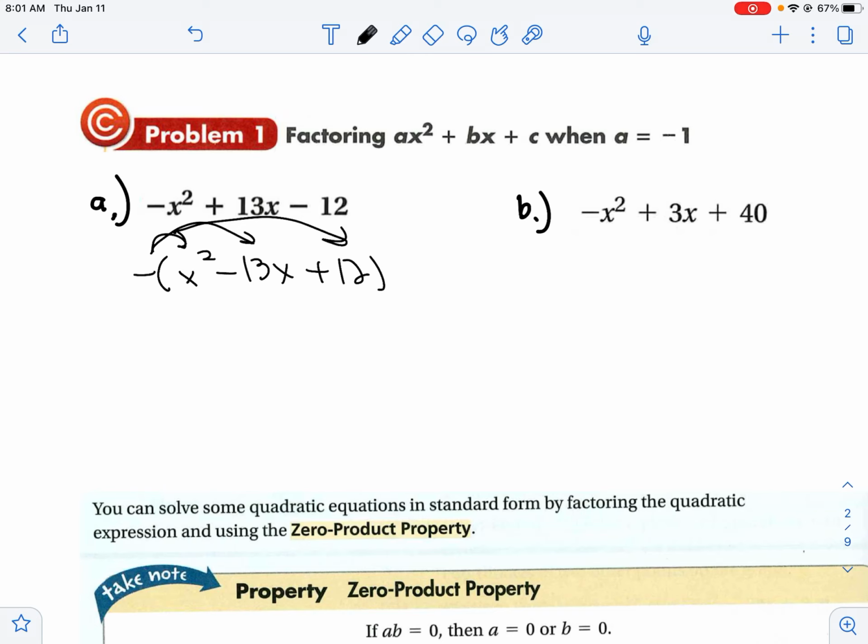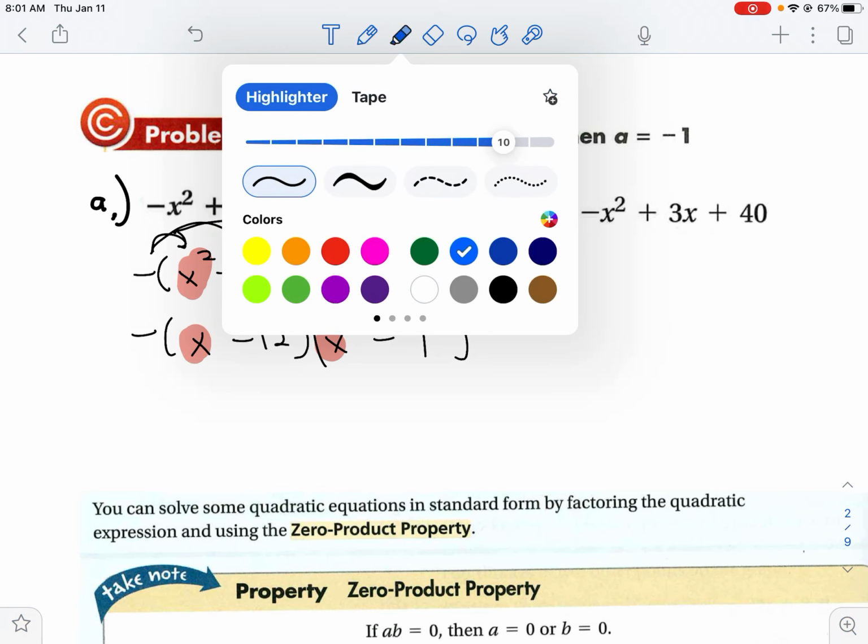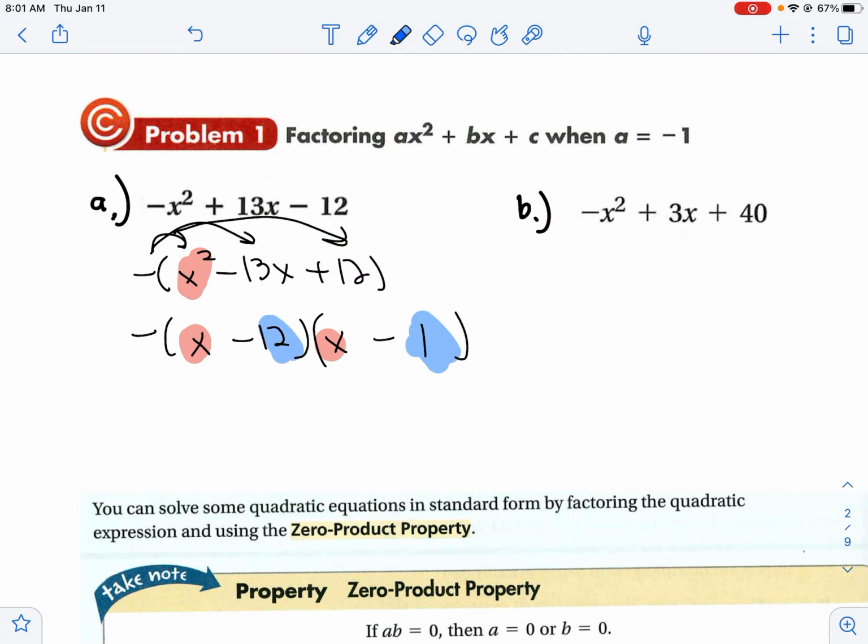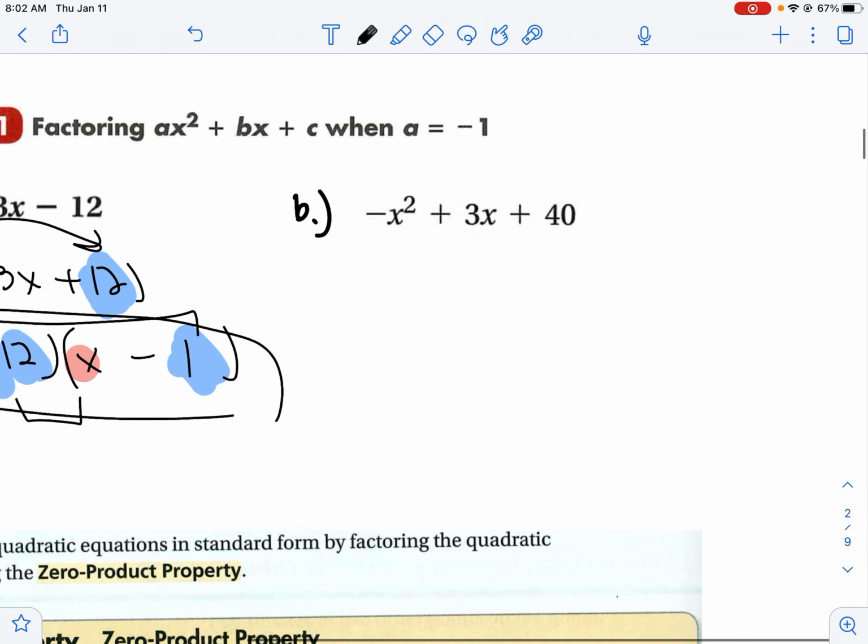I factored out the negative because I don't want to factor a negative x and an x here. I'm going fast, I know. And then this one factors into negative 12 and negative 1. These multiply to give you that. Negative times negative is a positive. Then negative 1x plus negative 12x gives you the negative 13x. So that's the solution right here.